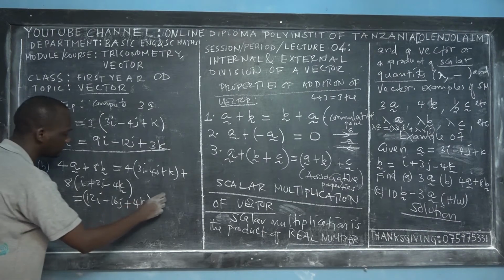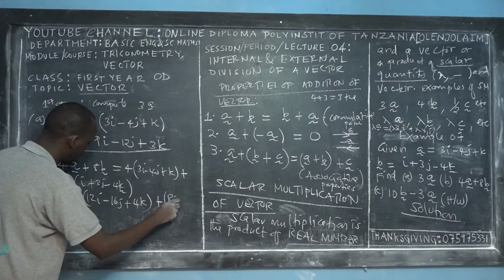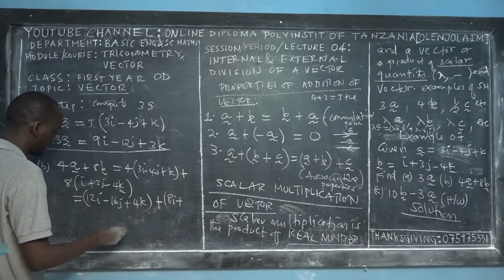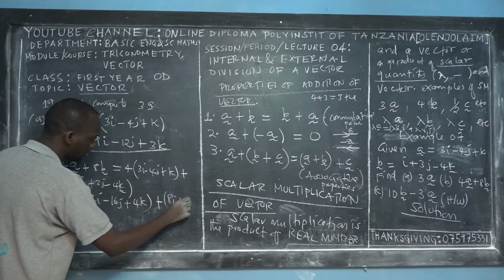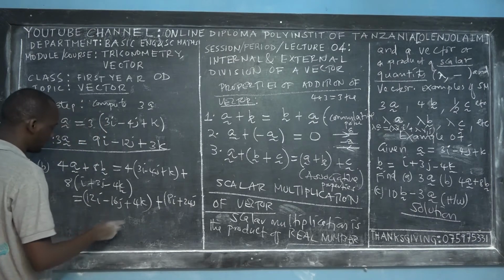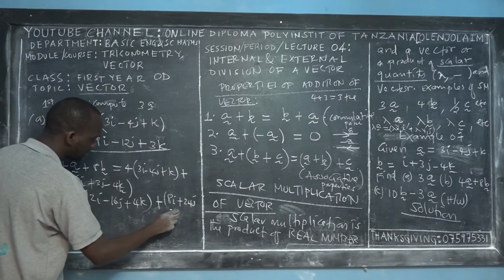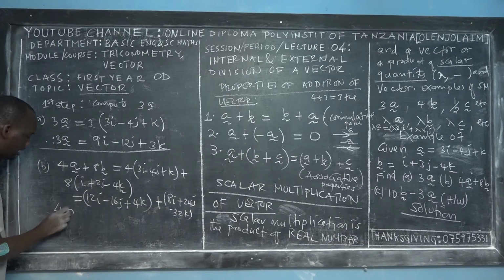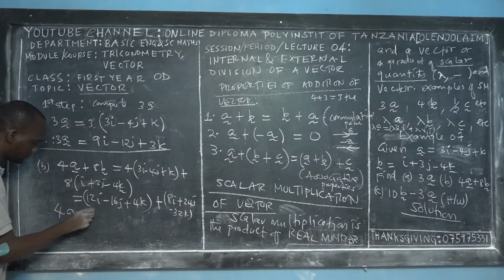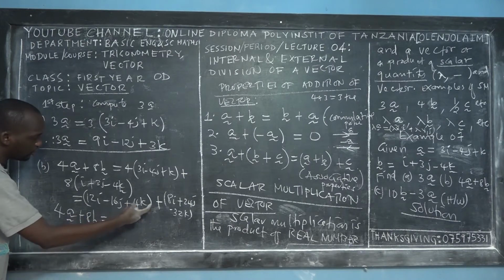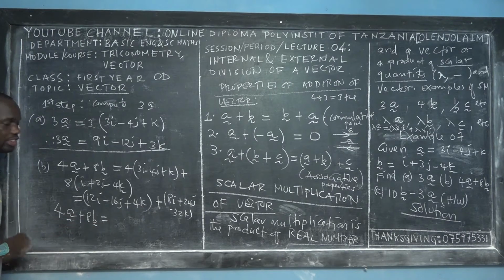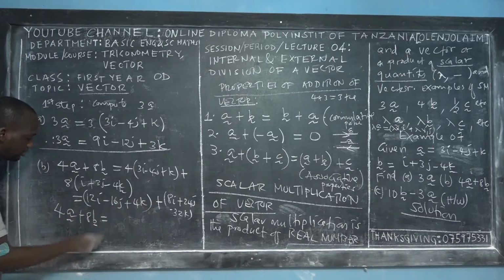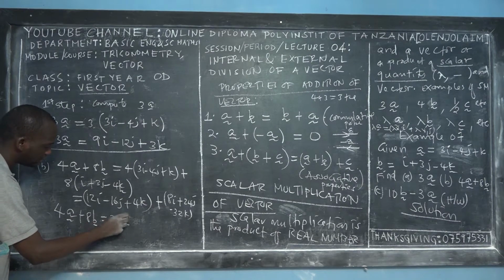8 times i is 8i. 8 times 3 is 24j. And 8 times 4 is 32k. Next, you combine the like components. You combine the components for i and i, j and j, k and k, and do the respective additions or subtractions. So 12i plus 8i is equal to 20i.